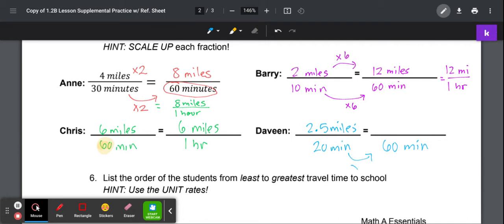So 20 times 3 is 60. So 2.5 times 3, that would be 7.5 miles. So that means this would be 7.5 miles in 1 hour, since 60 minutes is equivalent to 1 hour.